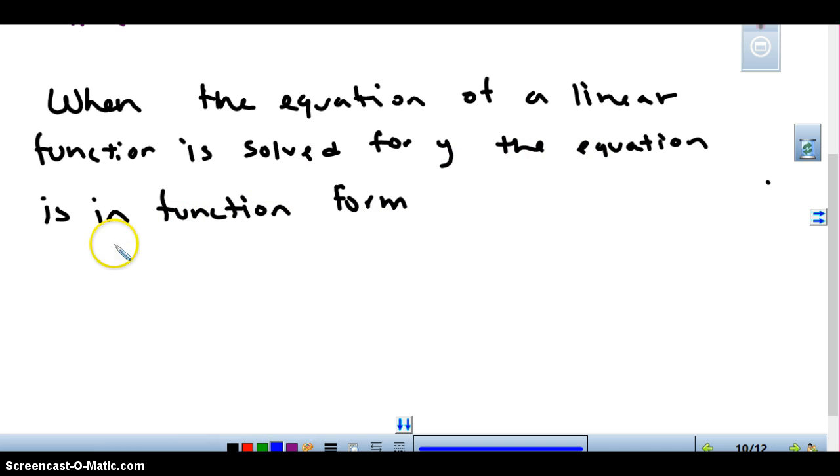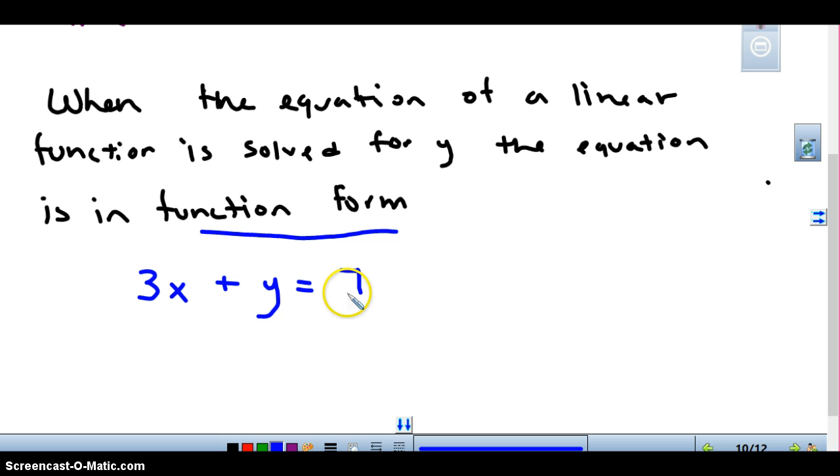So for example, if you're given an equation that looks like this, is this equation in function form? Is it solved for y? In other words, is y by itself? No, but can we change it?